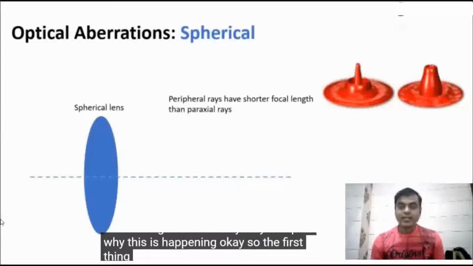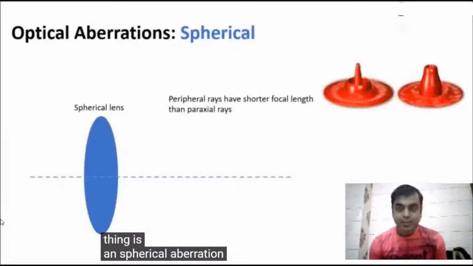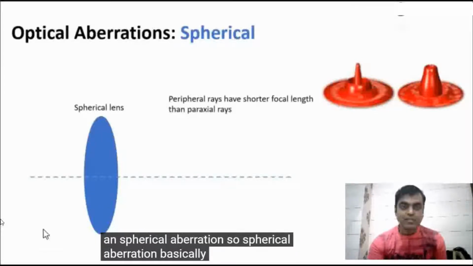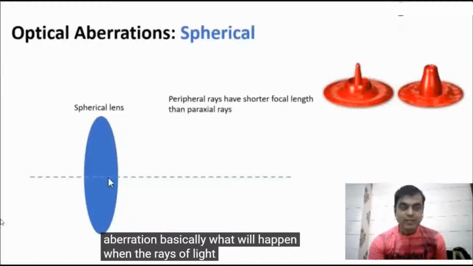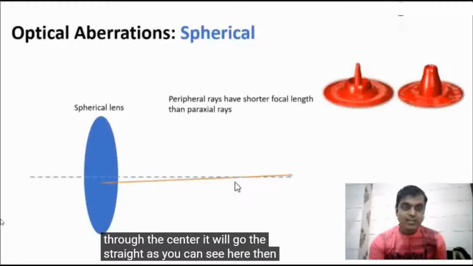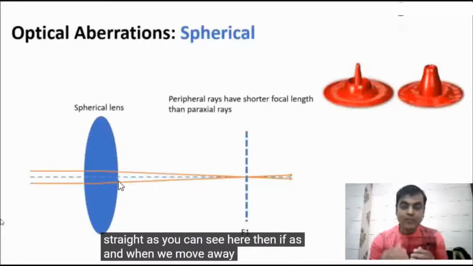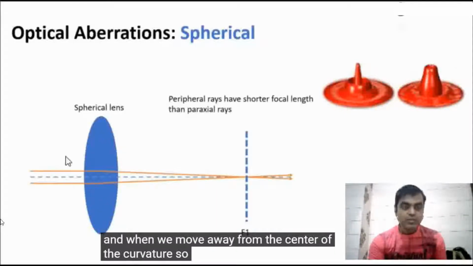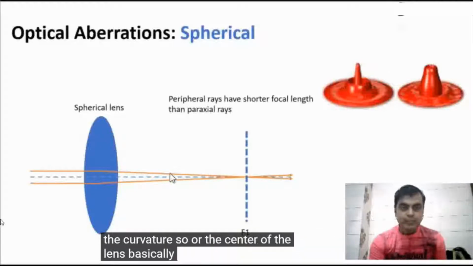The first thing is spherical aberration. What happens is that when rays of light pass through the center, they go straight, as you can see here. As we move away from the center of the lens, you see the rays meet at a focal length f1.